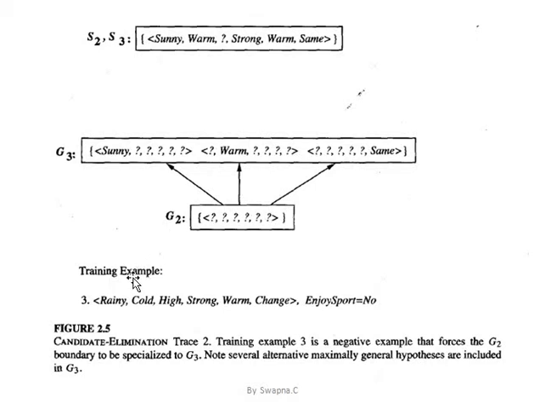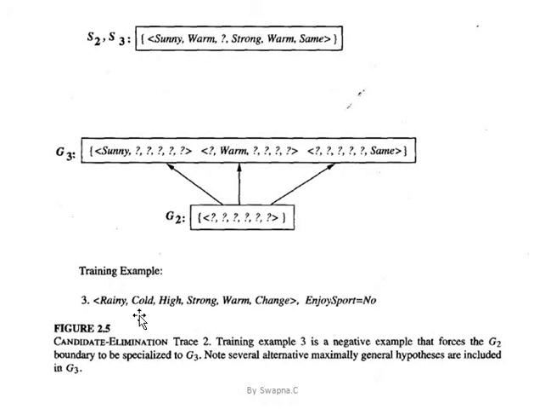We check the first attribute value in the third training example, rainy, and here it is sunny. Both are different, so we write one hypothesis with the attribute value from the most specific hypothesis, sunny, and the remaining all question marks.